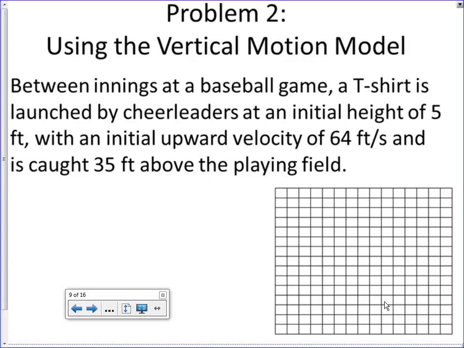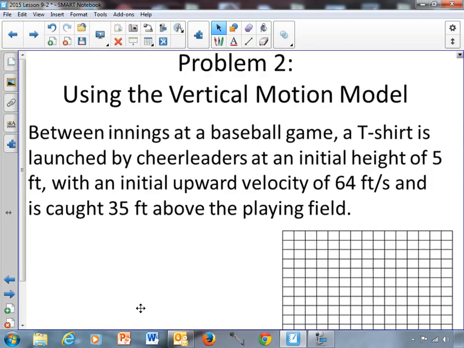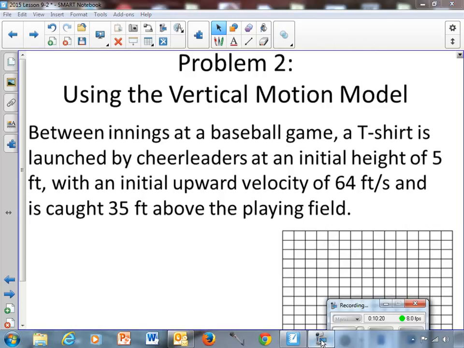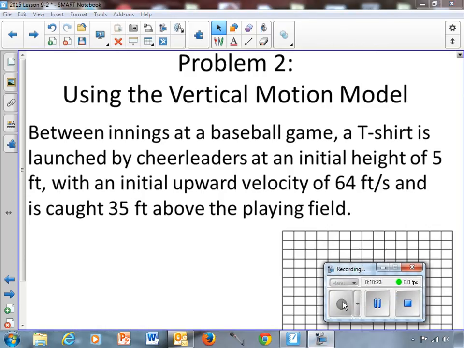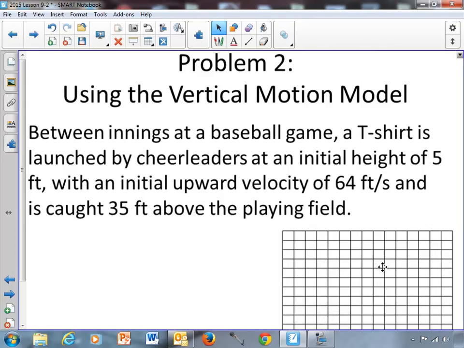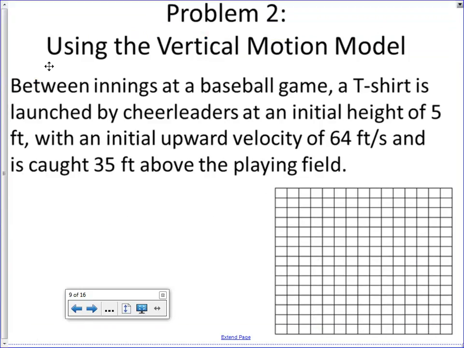All right, so what we're going to do is use our vertical motion model, and then we're going to answer the questions on the next screen.